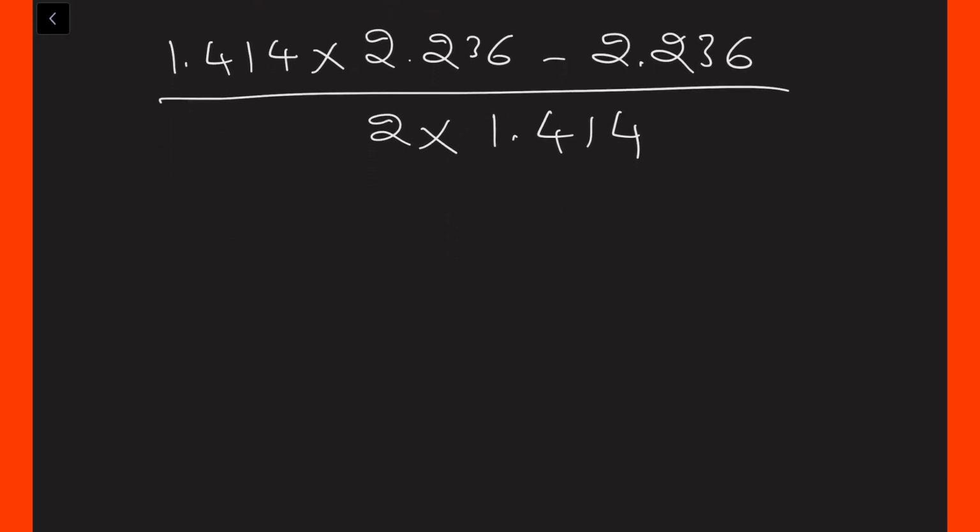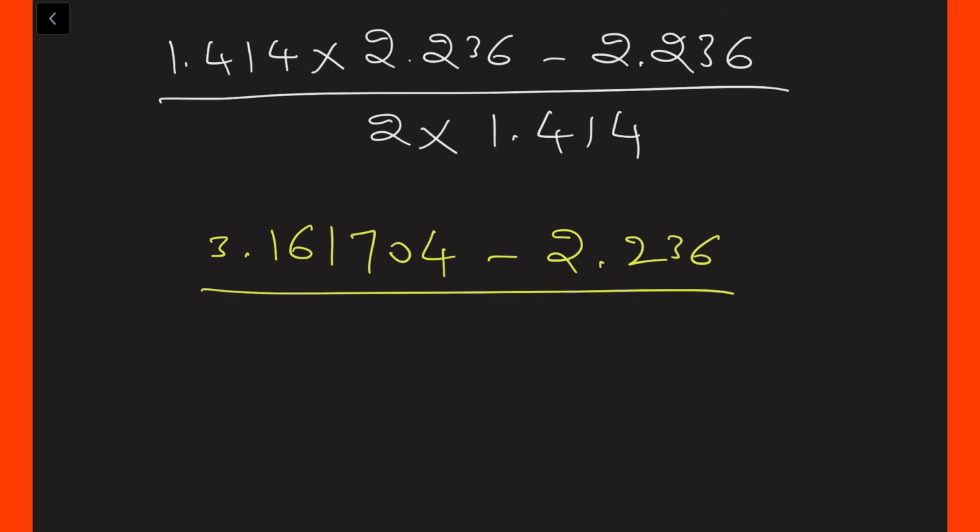Okay, first we have the numbers 1.414 into 2.236. 1.414 into 2.236 is nothing but 3.161704 minus 2.236, divided by 2 into 1.414, that is 2.828.